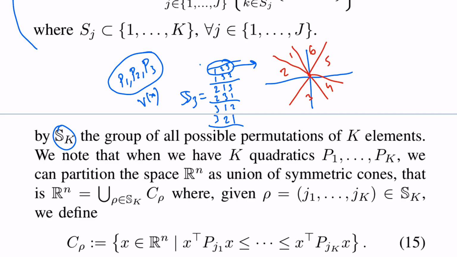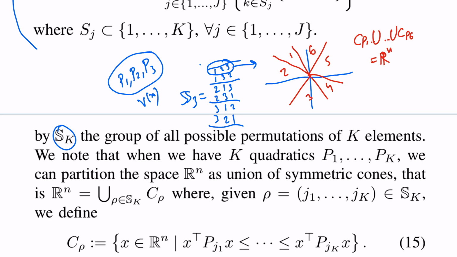Because each one of them corresponds to a region in the state space, and then each of those is a C rho, for example, C rho 1 up to C rho 6, and the union of them is all of the state space.